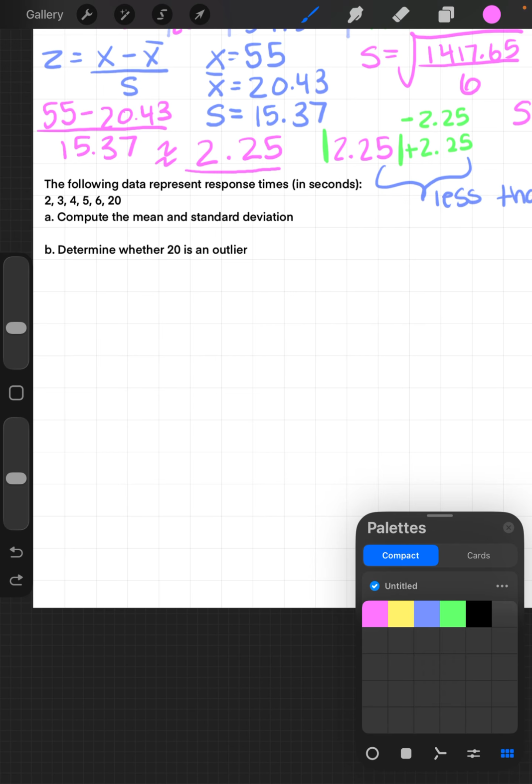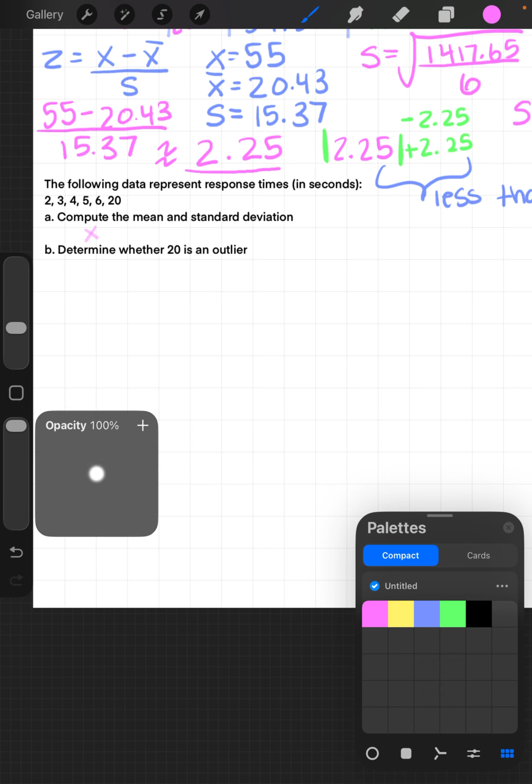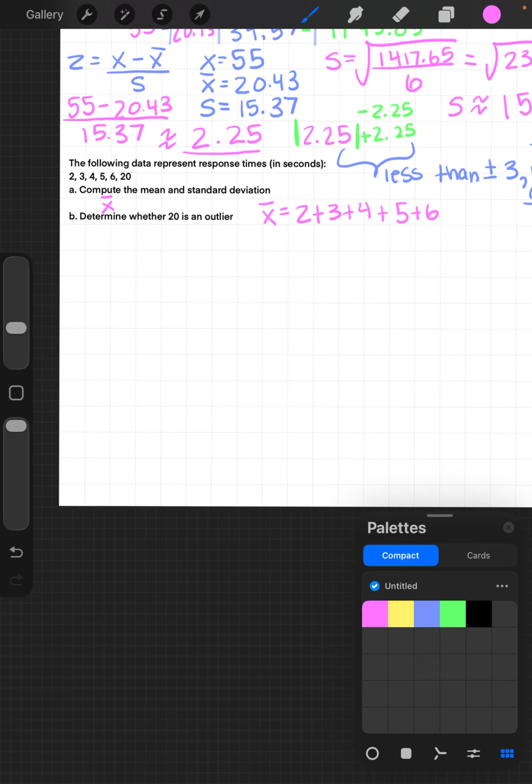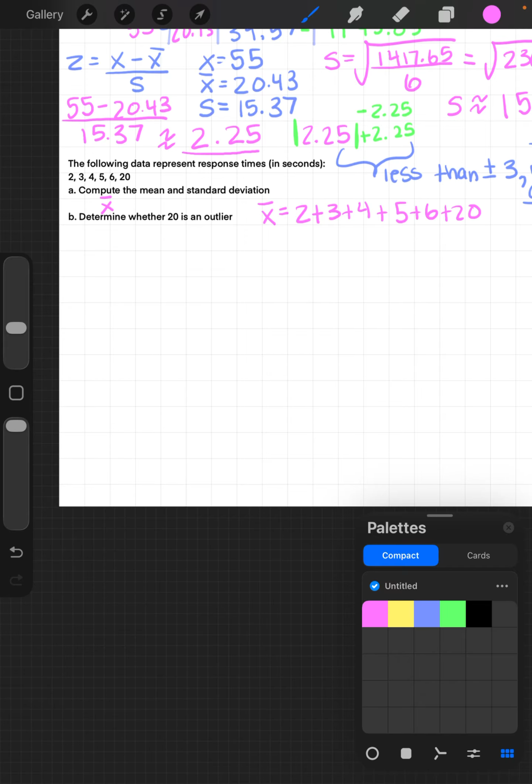So first thing we're gonna do is find the mean. Our mean is just 2 plus 3 plus 4 plus 5 plus 6 plus 20 divided by n.